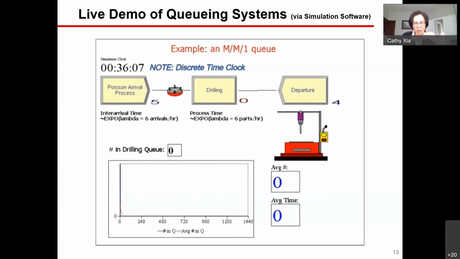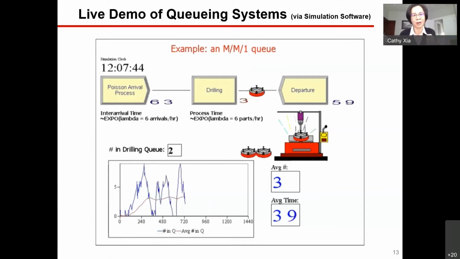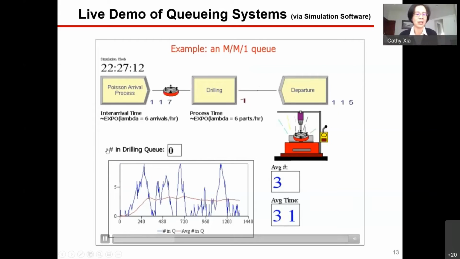The students will observe that the clock doesn't tick like a regular clock in the real world. It's really the concept of discrete event.